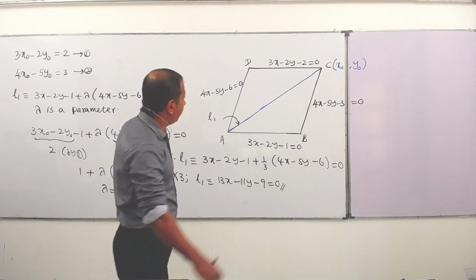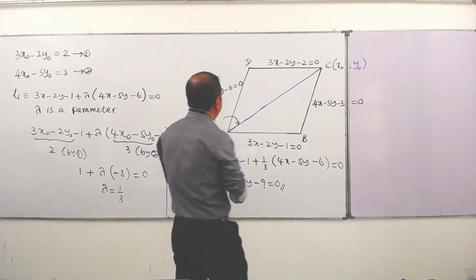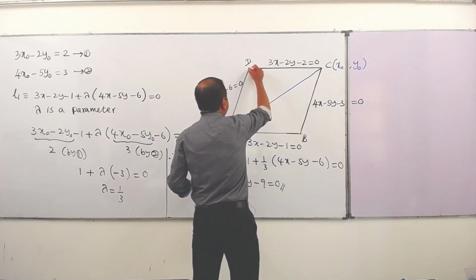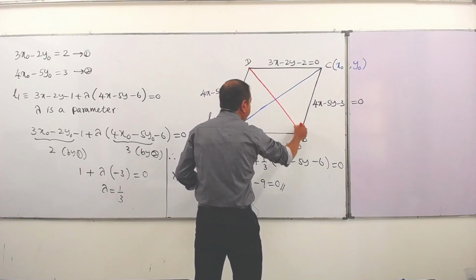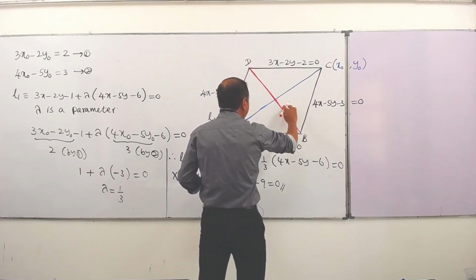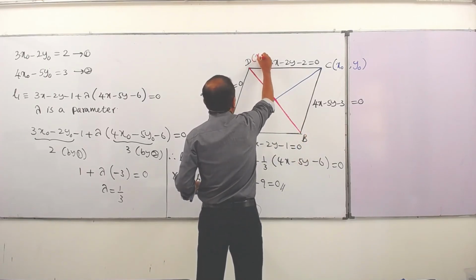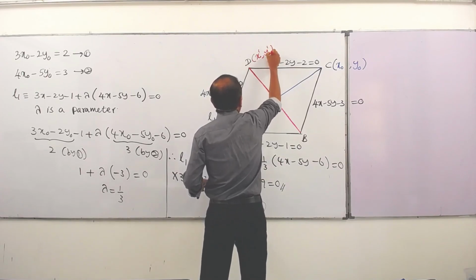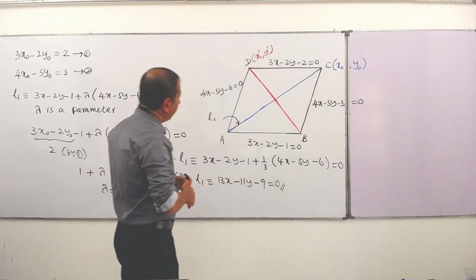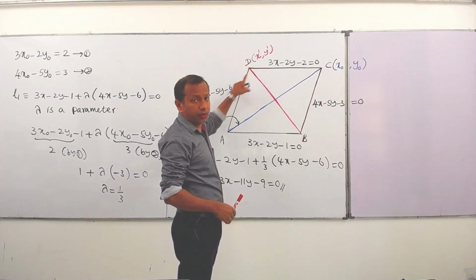And BD also we can take in the same way. I take this point D as x dash, y dash. Then two more equations we can write. This x dash, y dash is on this line as well as on this line.